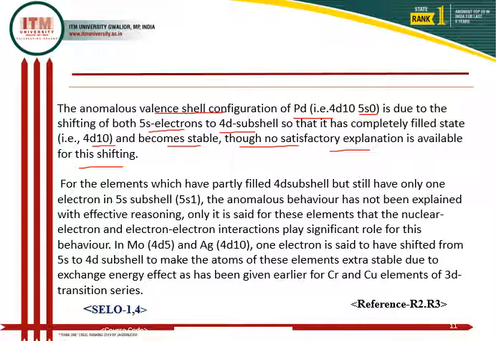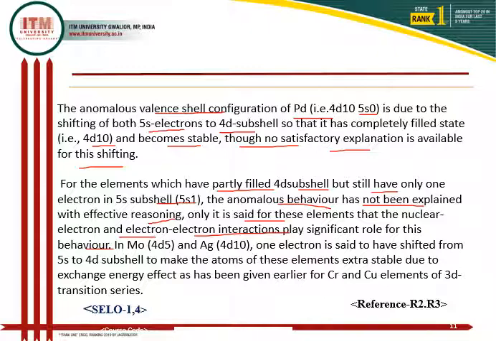For the elements which have a partly filled 4d subshell and still have only one electron in 5s, the anomalous behavior has also been explained with effective reasoning. It is said that nuclear-electron and electron-electron interactions play a significant role in this type of behavior.